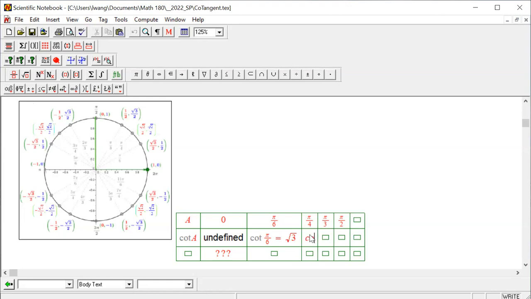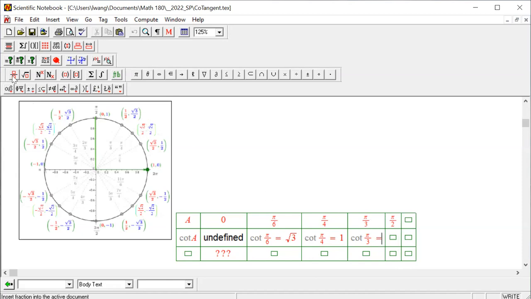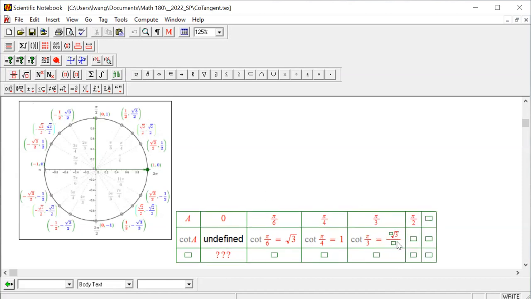Cotangent pi over 4: red and blue are the same, so that equals 1. Cotangent pi over 3: that's going to be half divided by root 3 over 2, which gives us root 3 over 3.